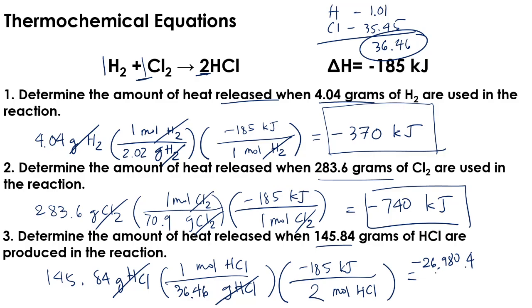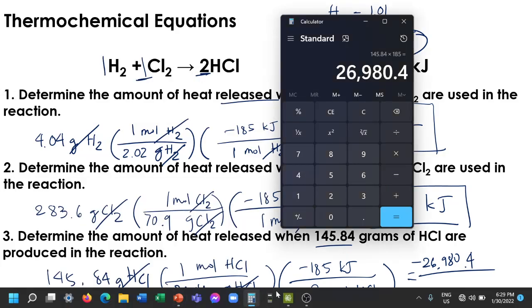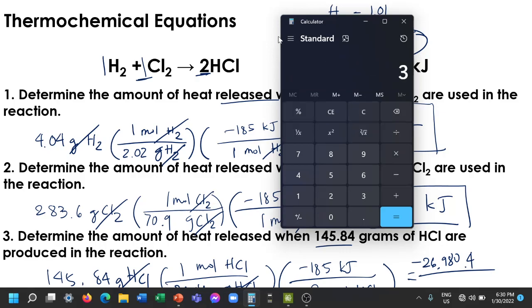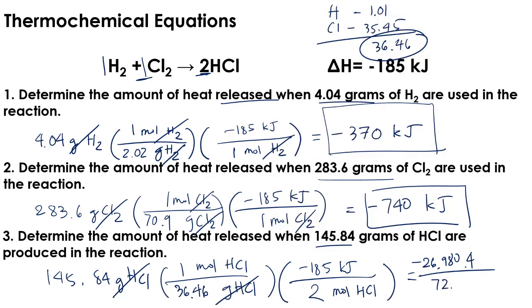That's a first negative. Then we'll multiply 36.46 times 2, that's 72.92.